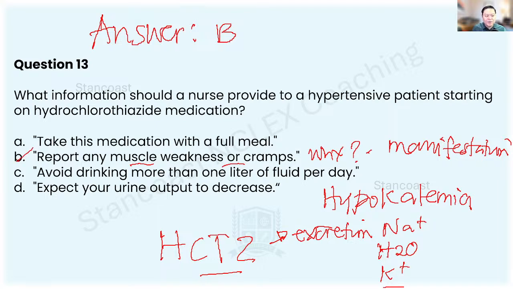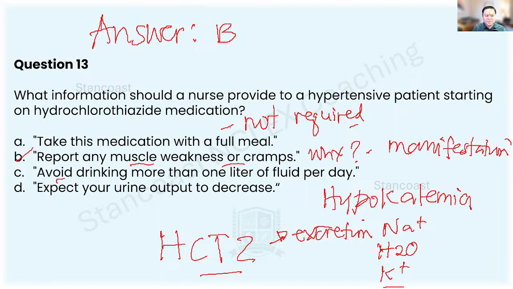What about letter A? Take this medication with a full meal. It's not required to be taken with a full meal. It's not going to cause more absorption. No, it doesn't. What about letter C? Avoid drinking more than 1 liter of fluid per day. This is kind of like excessive restriction.